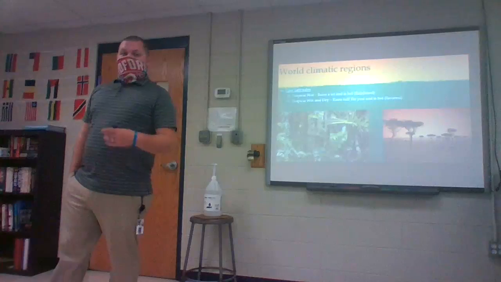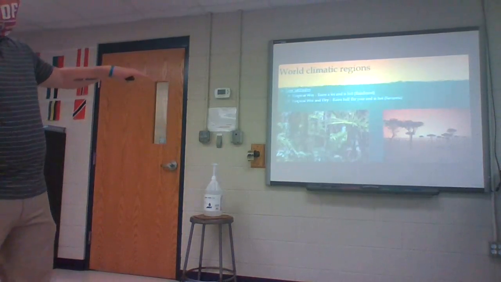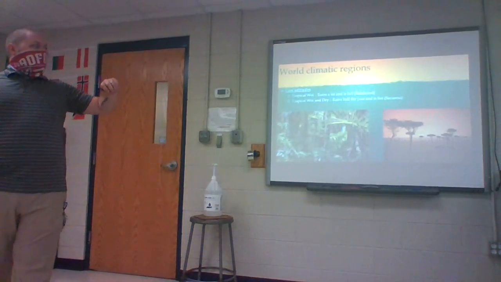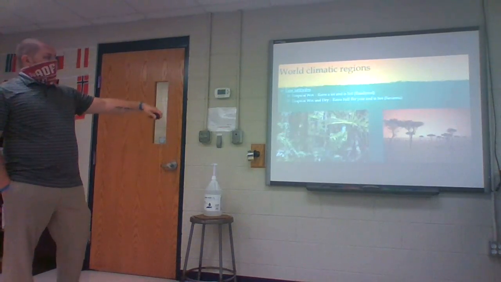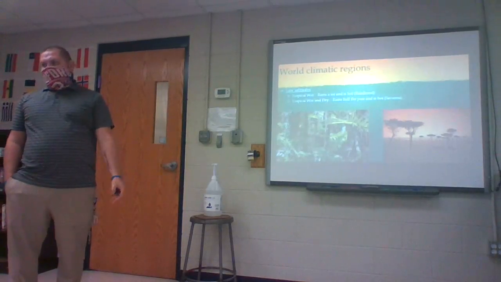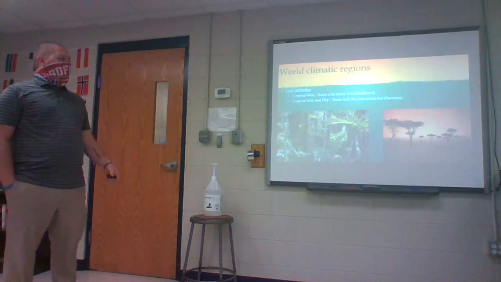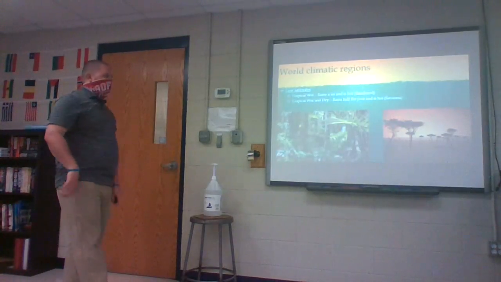So these are the different climate regions within the latitudes. Okay? So in the low latitudes, you have 2 main climate regions. You got tropical wet. This is where it rains a lot and it's hot. Okay, it's a rainforest. Tropical wet is rainforest. Tropical wet and dry is like the savanna in Africa. Okay, it rains half the year.